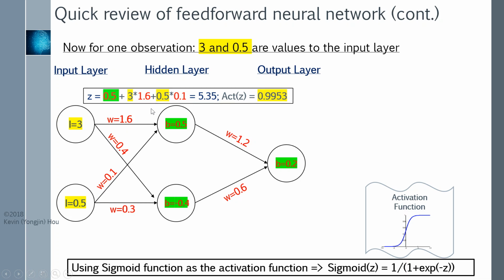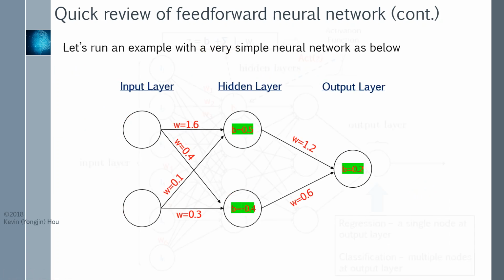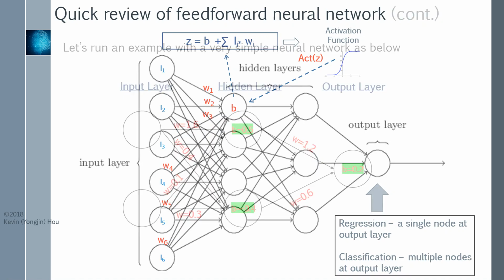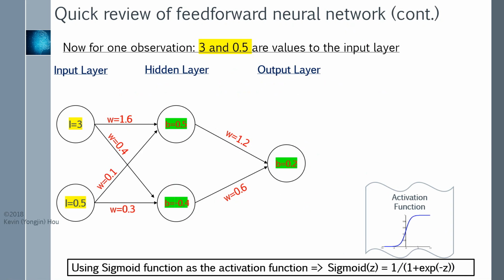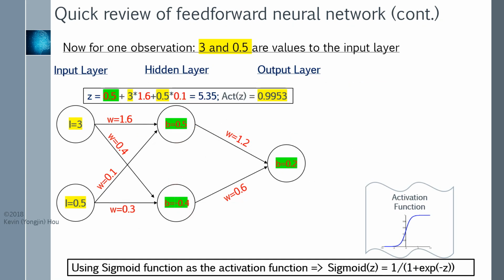If we apply the formula that we have seen on the early pages, we should know how to calculate the value of z. Literally, this is what we get: threshold first, 0.5, then this input 3 with a weight of 1.6, and again this input 0.5 with a weight of 0.1. So this z value itself is 5.35.